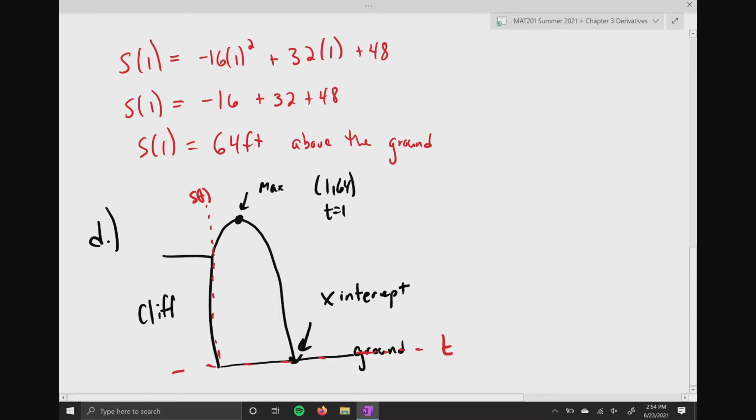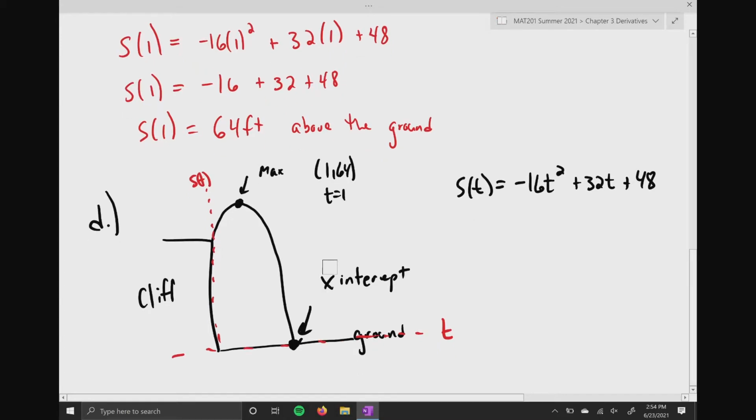Okay. So S of t equals negative 16t squared plus 32t plus 48. And since this is an x-intercept, or in this case, a t-intercept, I'm guaranteed that the object in question is going to hit the ground when S of t equals 0.